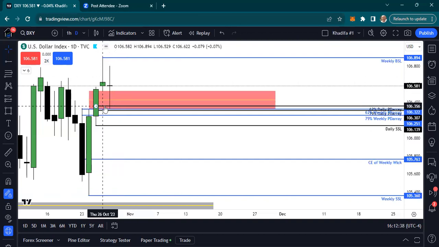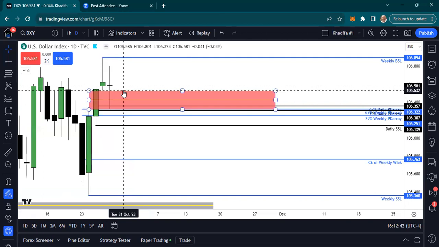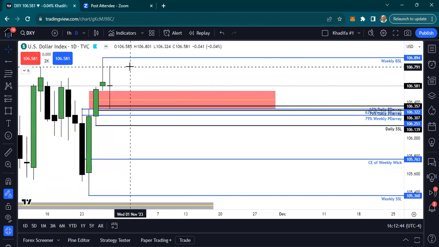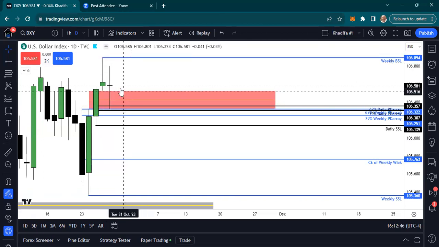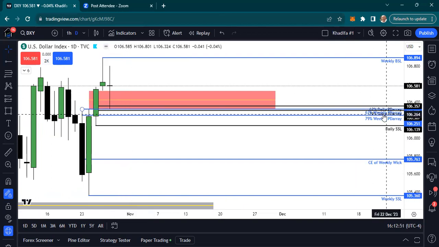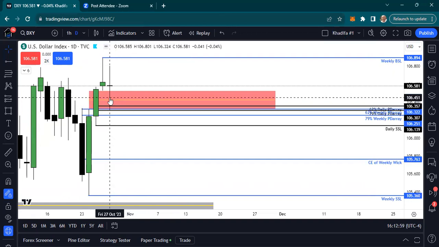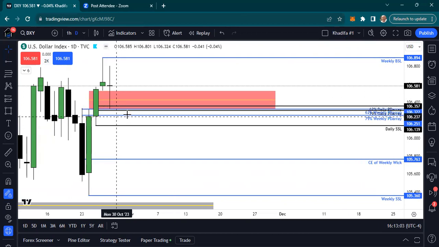So I expect us to do either or. Either open up, respect the top of the fair value gap and continue higher, or open up to the downside to retest the discount weekly and daily PD arrays, find support there and continue to the upside. I do not want to see us break below or close below the weekly and daily PD array levels.